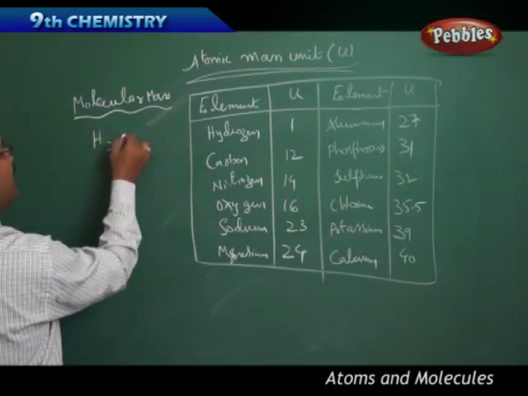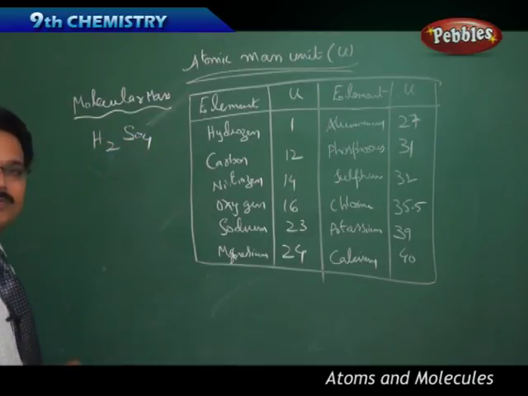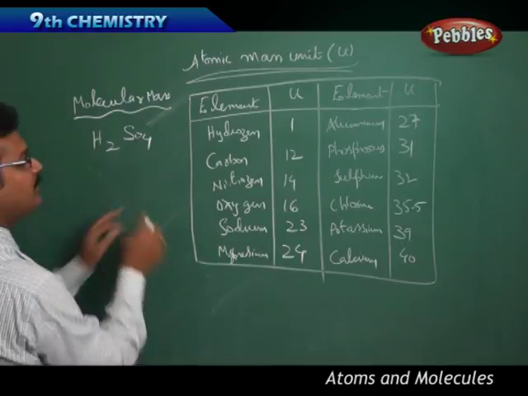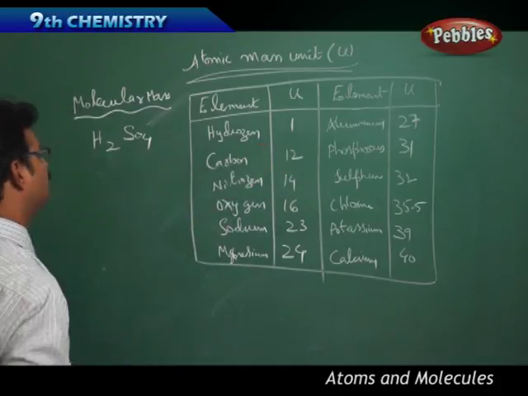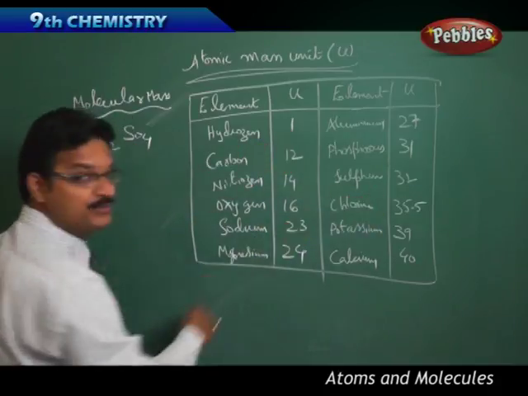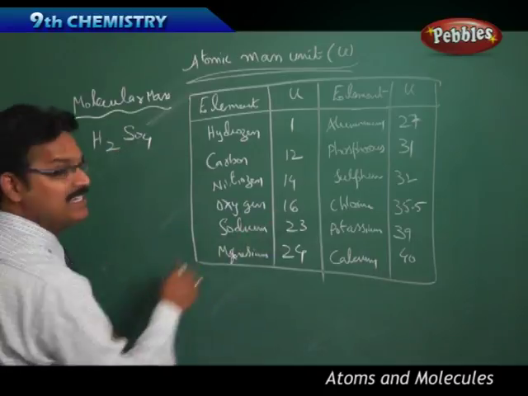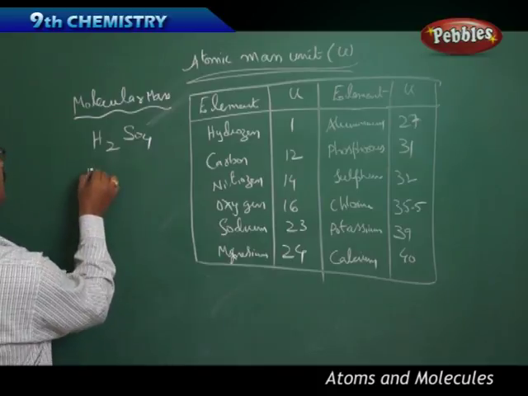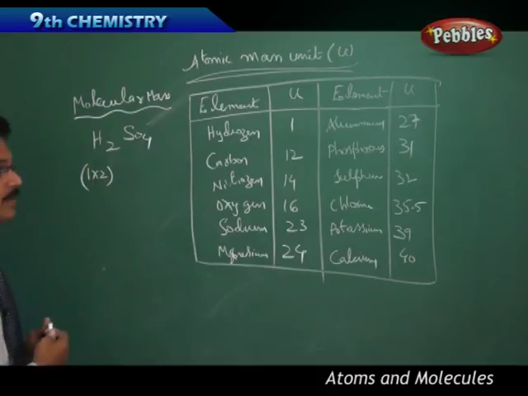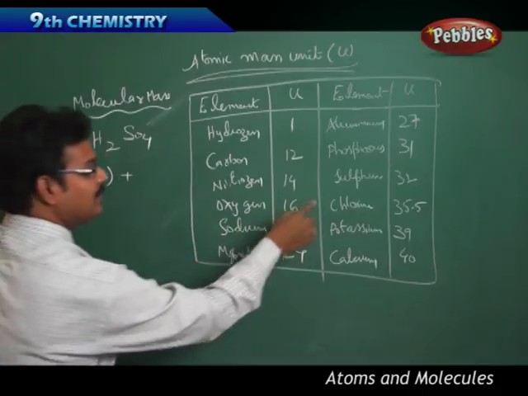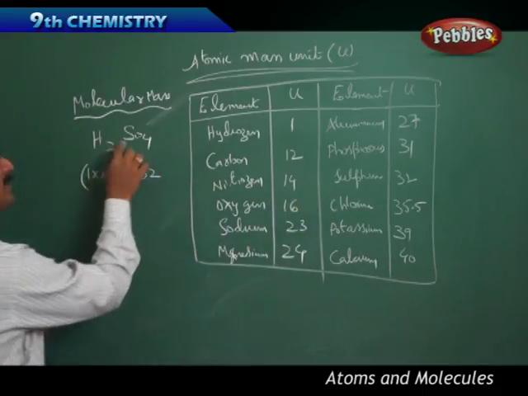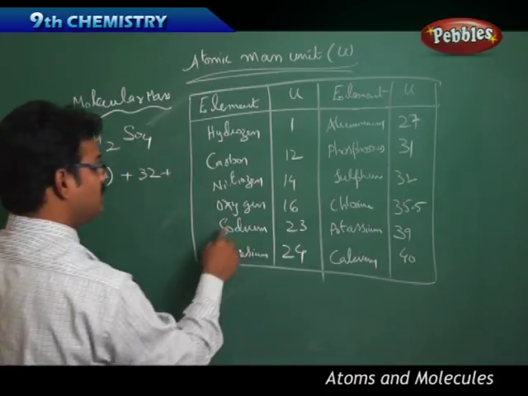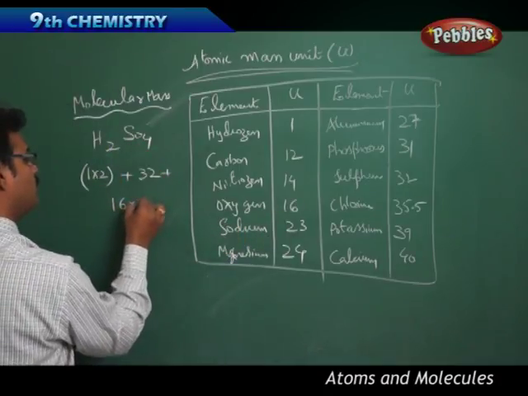Take a molecule of H2SO4 and you want to know what is the molecular mass of it. You know that hydrogen atomic mass is 1U, sulfur atomic mass is 32, oxygen atomic mass is 16. So H2, 1 into 2, plus sulfur is 32, only one sulfur atom is there, 32, plus 4 oxygen atoms are there, so oxygen is 16, so 16 into 4.